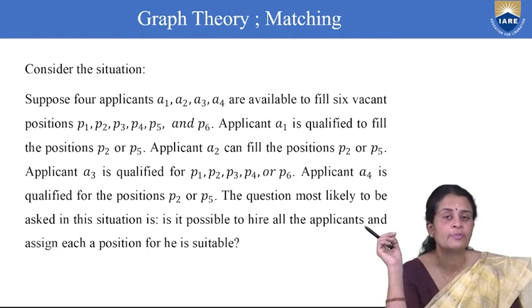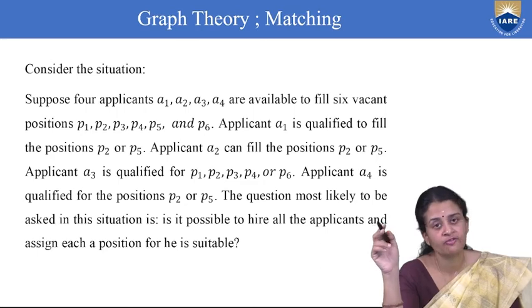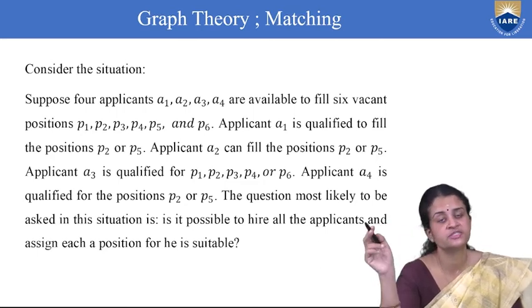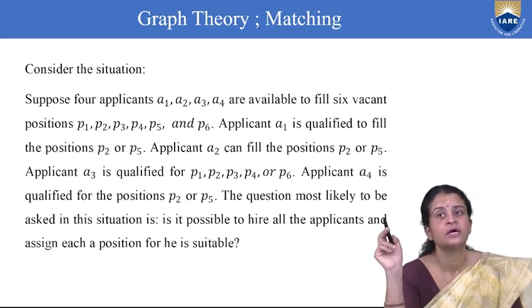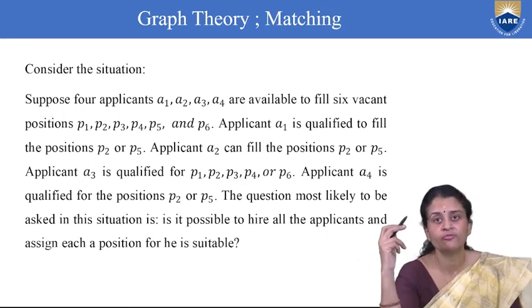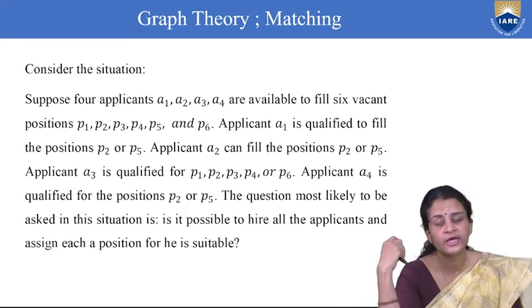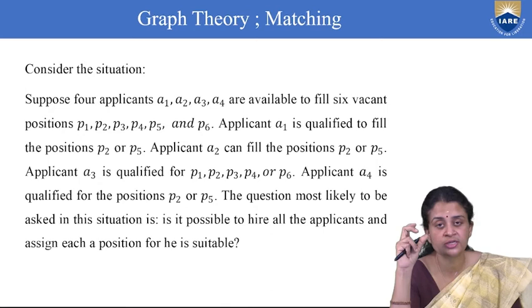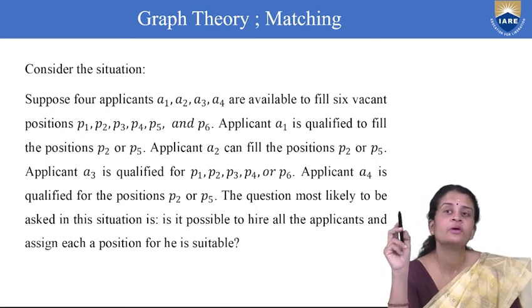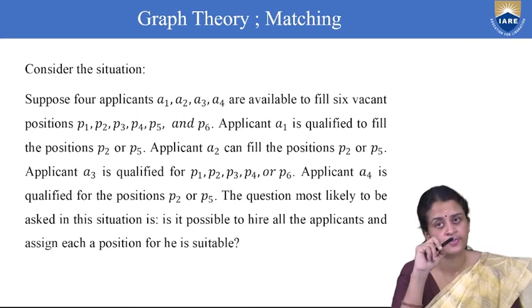Suppose there are 4 applicants, A1, A2, A3, A4, and the positions available to fill are P1, P2, P3, P4, P5 and P6. Normally, with only 4 applicants and 6 positions, all 4 can be hired. But in particular situations, suppose applicant A1 is qualified to fill only P2 and P5.